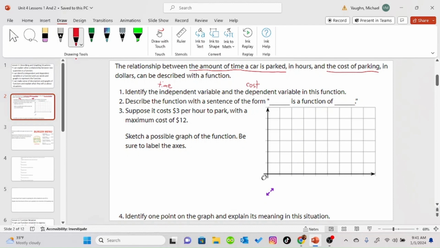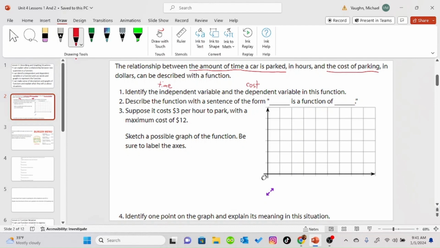The next part says describe the function with a sentence of the form blank is a function of blank. So the first thing you need to understand is that your dependent variable is a function of your independent.